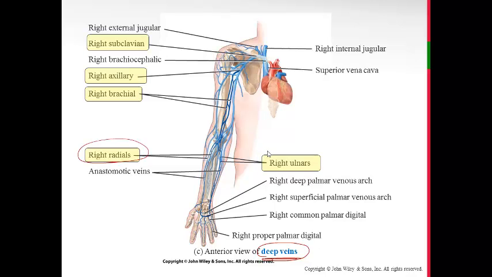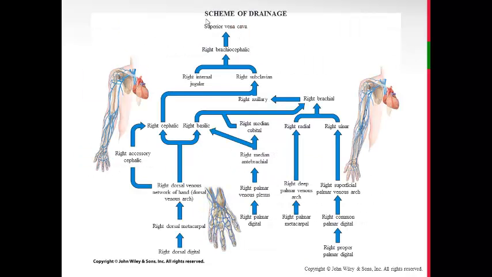Now here is the scheme of drainage, just to show you again. Everything eventually from your right and left arm will drain into the superior vena cava. So the right brachiocephalic vein drains straight into it, but let's take a look at what we saw before. Our right radial and right ulnar drain into the right brachial.